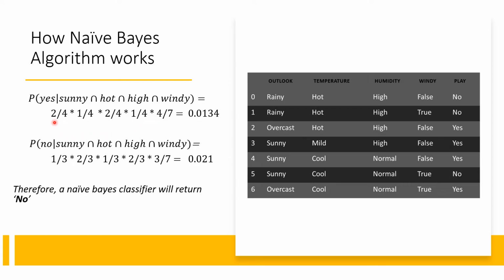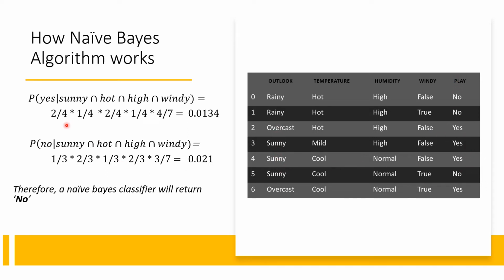So substituting these values from this data set into the previous equation, we are going to have the probability that the output is yes given these conditions to be the probability that the outlook is sunny given that the output is yes. So we can count the number of times that it's sunny here given that the output is yes.